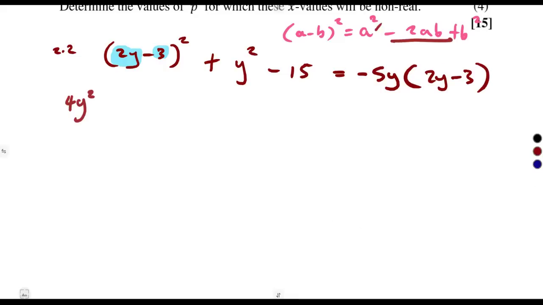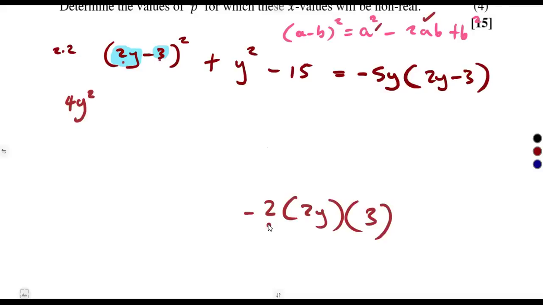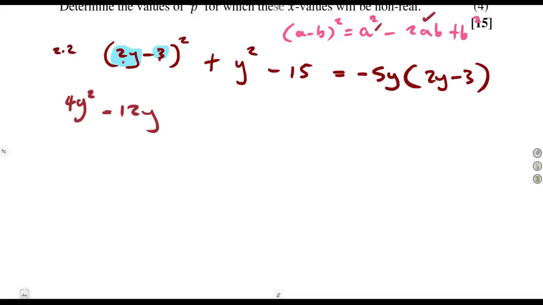Minus 2ab means minus 2 times a, which is 2y, times b, which is 3. So minus 2 times 2 times 3, that's minus 4 times 3, which is minus 12. So that's minus 12y. And the last part is b squared. 3 squared is 9. So you've expanded, or you can just open 2 brackets, like I said, guys, then solve.